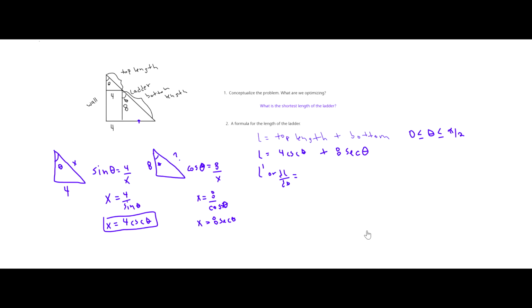The derivative of cosecant is negative cosecant cotangent, right? So I'm going to rewrite this as negative 4 cosecant theta cotangent theta. At least I don't have to worry about product rule. And then what's the derivative of secant? It's secant tangent, right? So I'm going to say plus 8 secant theta tangent theta. Okay, cool. That's my derivative.